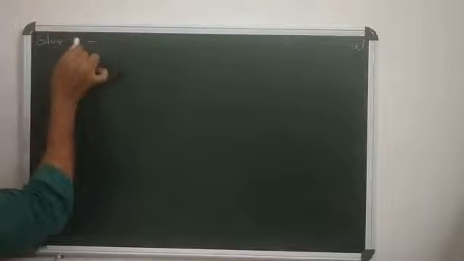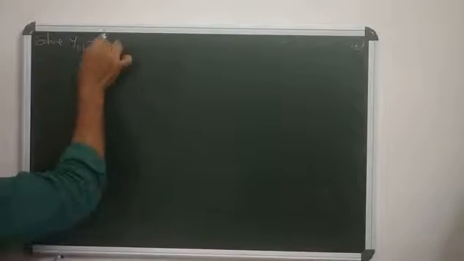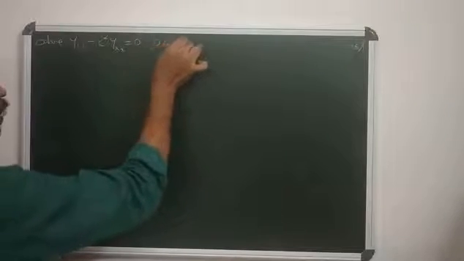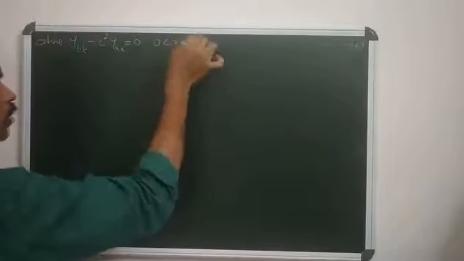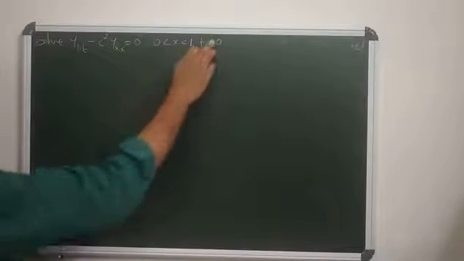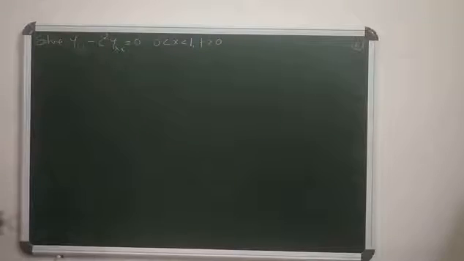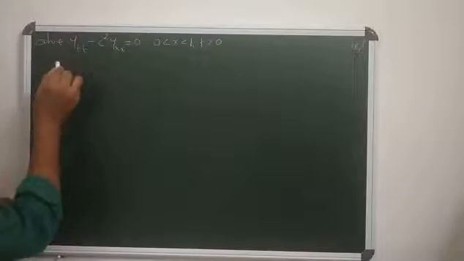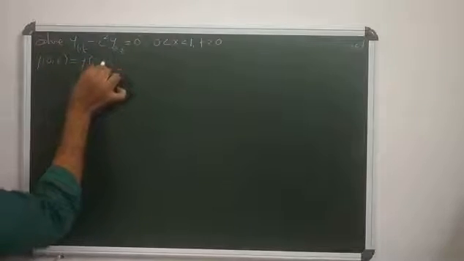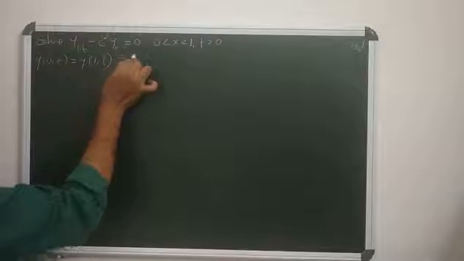Solve ytt minus c square yxx equals 0, where x lies between 0 and 1, t greater than or equal to 0. The initial conditions are y(0,t) equals 0, instead of L here it is 1, and y(1,t) equals 0.